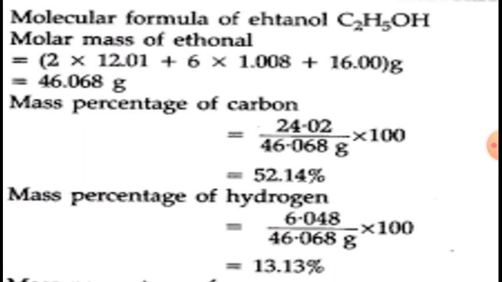Now we are moving to the next, that is oxygen. The mass of an oxygen atom is 16 and the total number of atoms is only 1. So we can calculate the molar mass of ethanol, and that is 46.068.